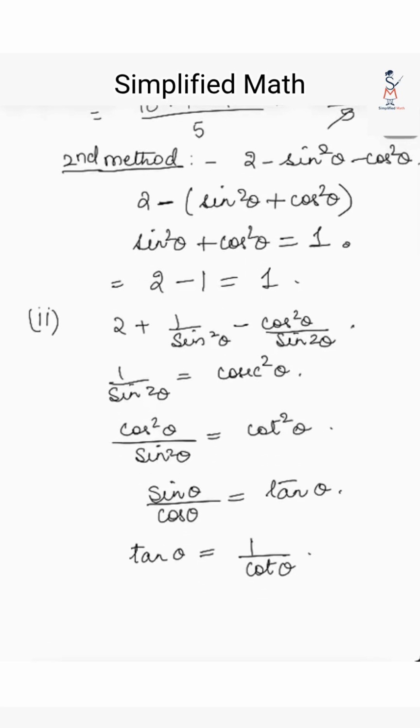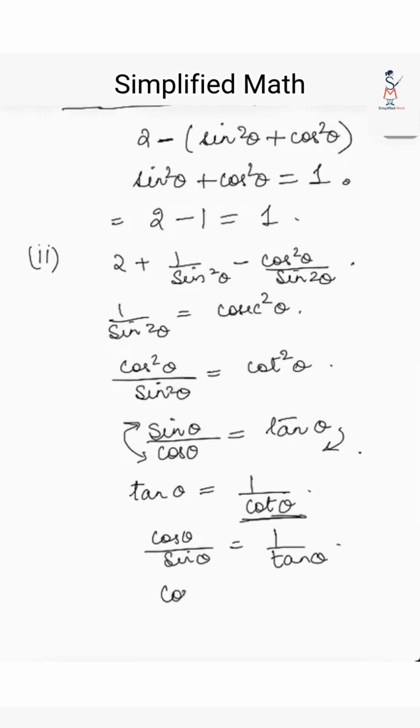If you are reciprocating this side, this will also be reciprocated. That is, cos theta by sin theta will become 1 by tan theta, and 1 by tan theta is cot theta, right?